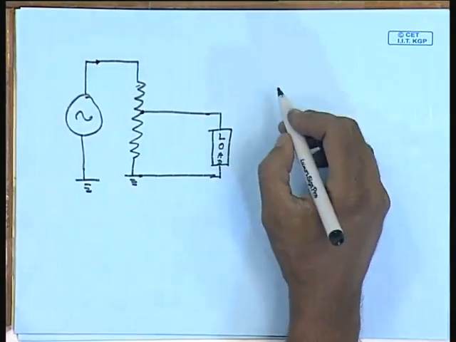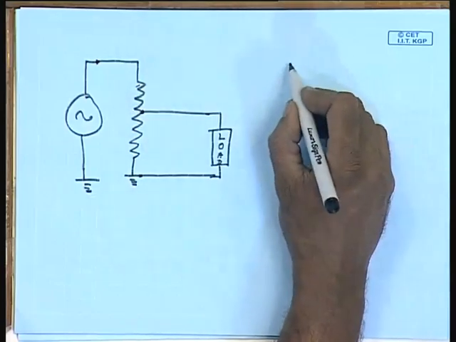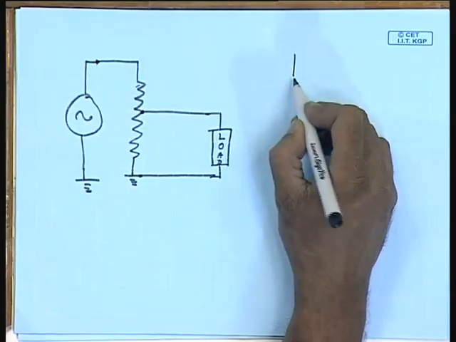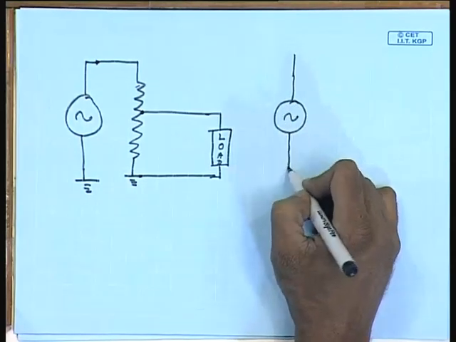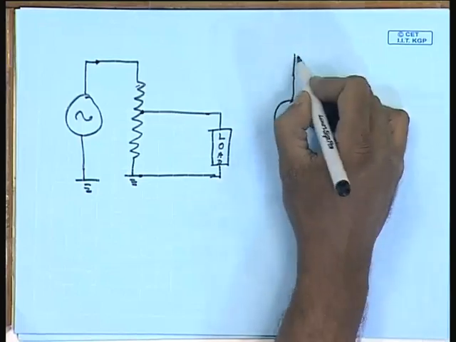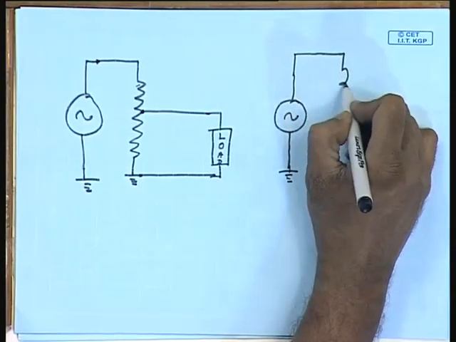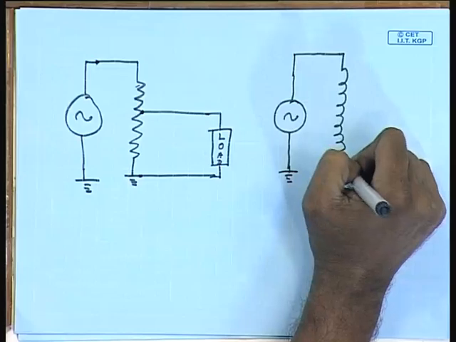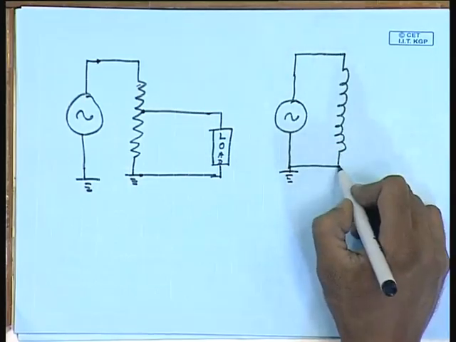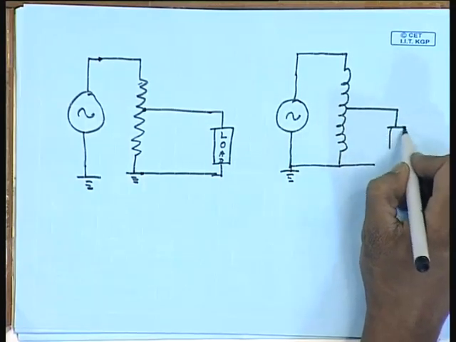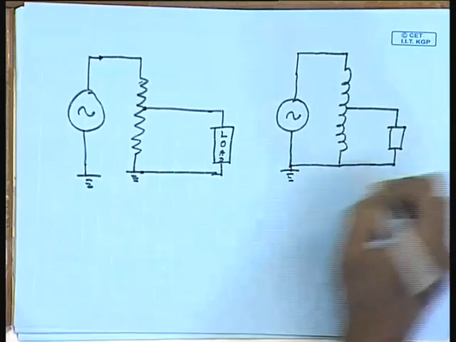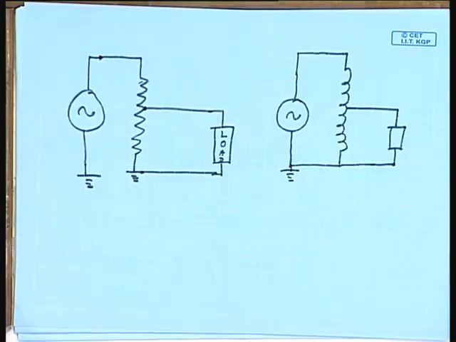If it is an alternating circuit, then this resistance can be replaced by an inductive potential divider. That will solve the problem of power loss, because an inductor in steady state will not consume any power.